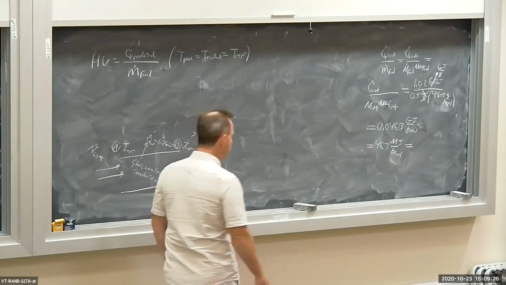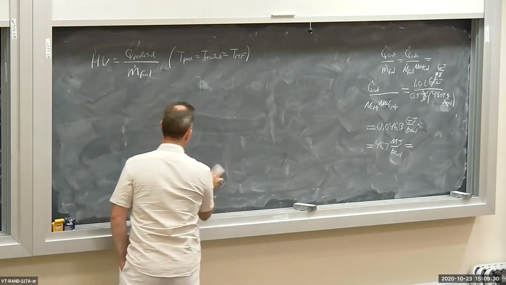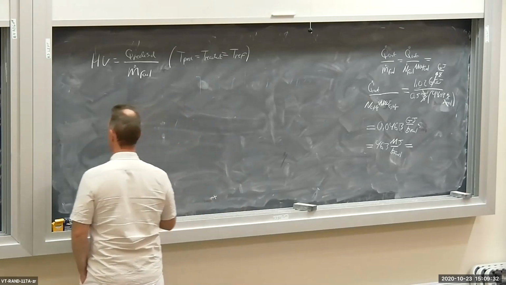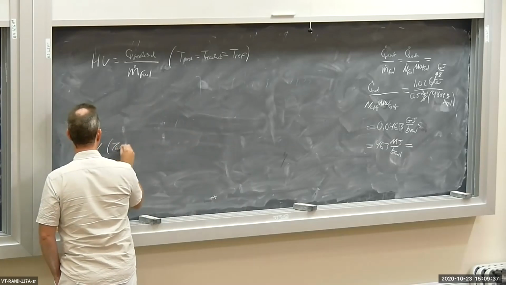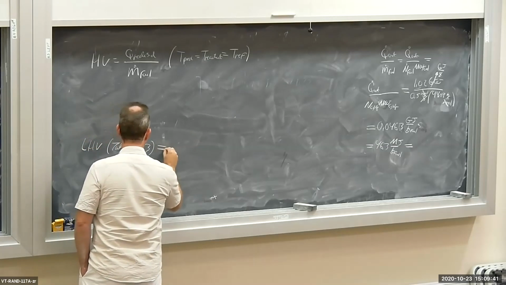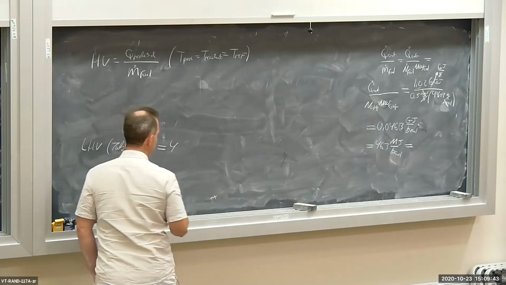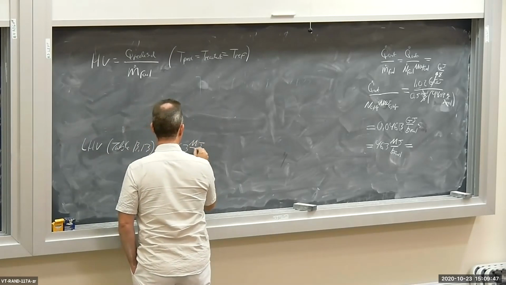So table B13 says that the lower heating value is 46.3 megajoules per kilogram of fuel.